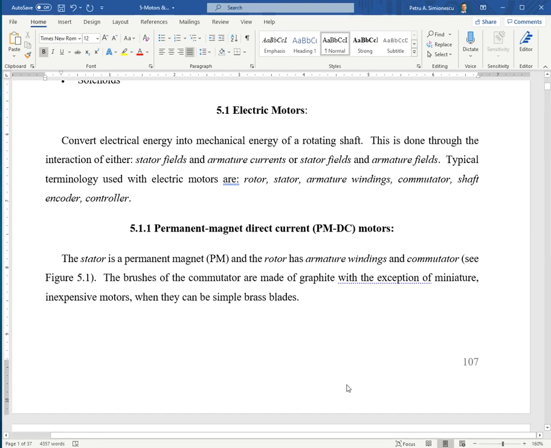Okay, so electric motors, what they do is convert electric energy into mechanical energy of a rotating shaft, through the electromagnetic interaction between the stator field and armature current, or stator field and armature field.